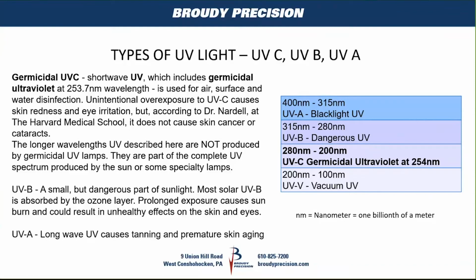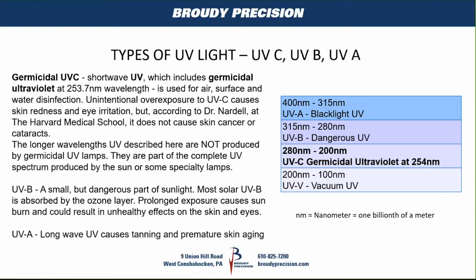The UVB is a small but dangerous part of the sunlight. Most solar UVB is absorbed by our ozone layer circling the planet. And here again, if you have prolonged exposure, you'll get a burn from UVB, and it can result in unhealthy effects on the skin and eyes.